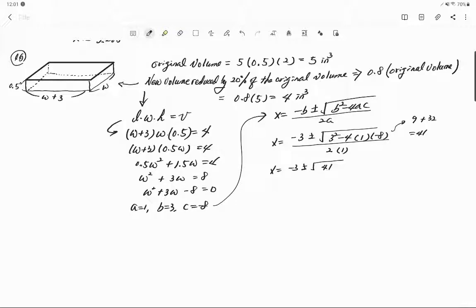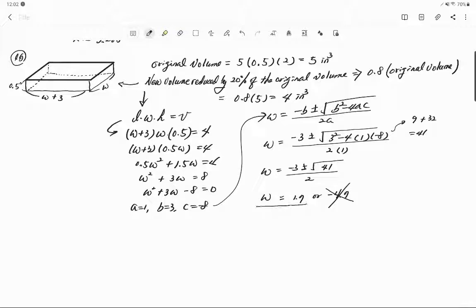So that's square root of 41 over 2a. Using the calculator, we have 1.7 or negative 4.7. And negative is not a solution because length cannot be a negative number. Actually, this is not x, this should be w. So we found w.